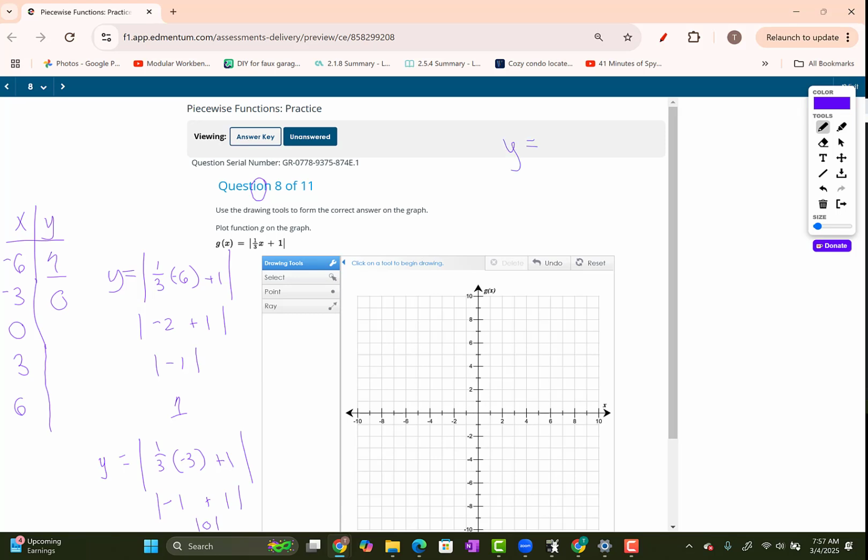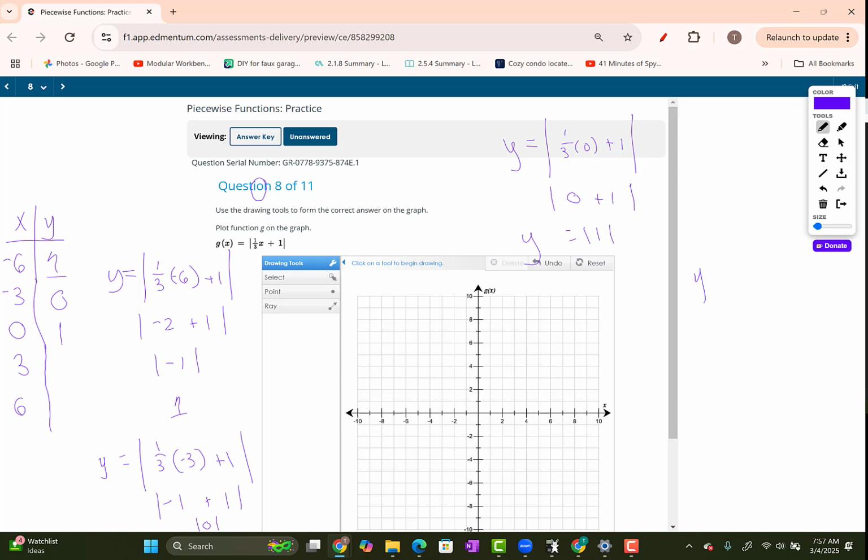Now we're going to substitute 0 for x. So 1/3 times 0 plus 1 is just 0 plus 1, and 0 plus 1 is 1. The absolute value of 1 is 1.